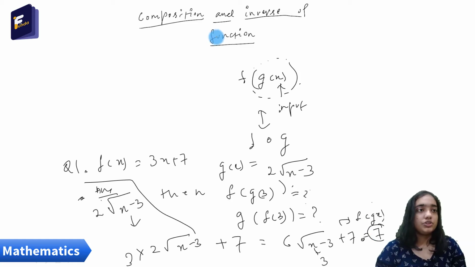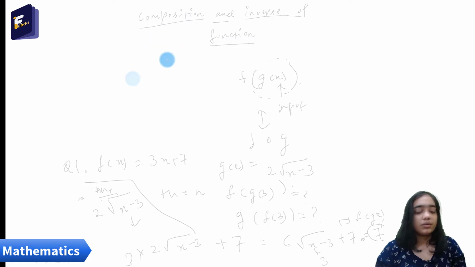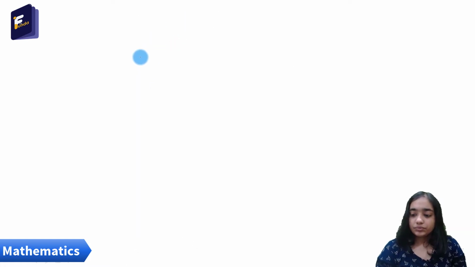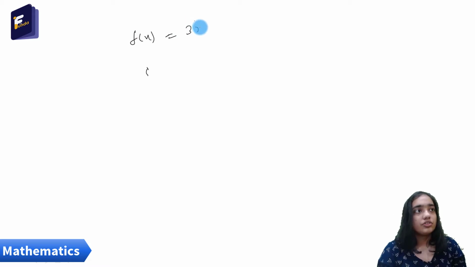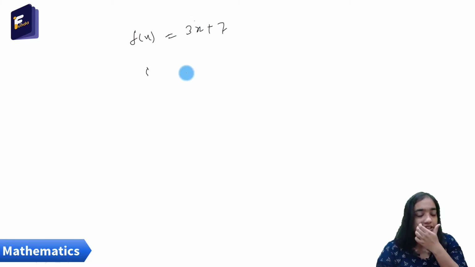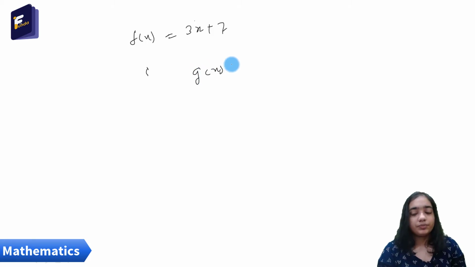Then we will proceed to g of f of 3. We know that f of x equals 3x plus 7 and g of x equals 2 root x minus 3.